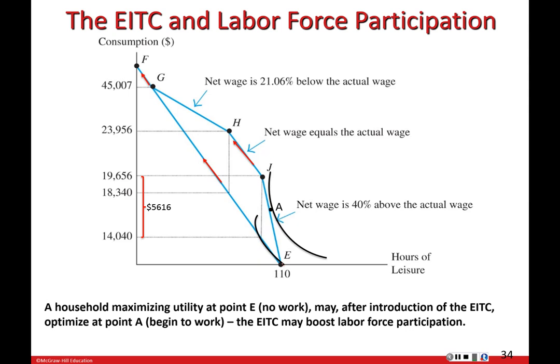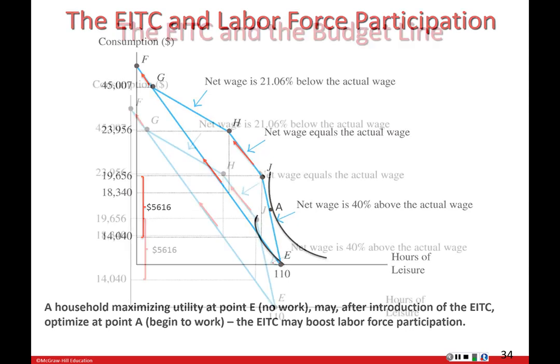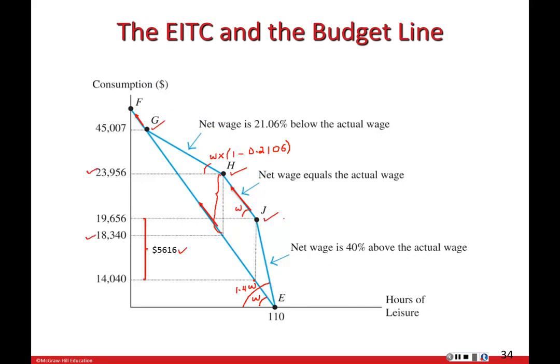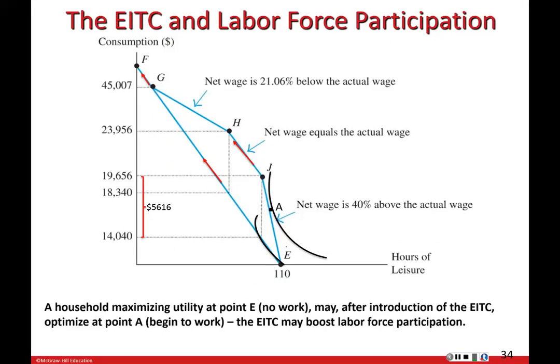But then you have this program coming in. What this program does is it raises the effective wage by 40%, at least in the beginning. Right? And so with this steeper curve, you can see here that now the worker's reservation wage may be exceeded, and the worker may find it optimal.